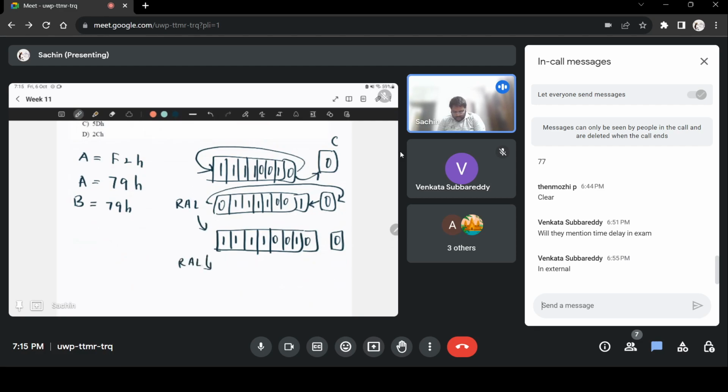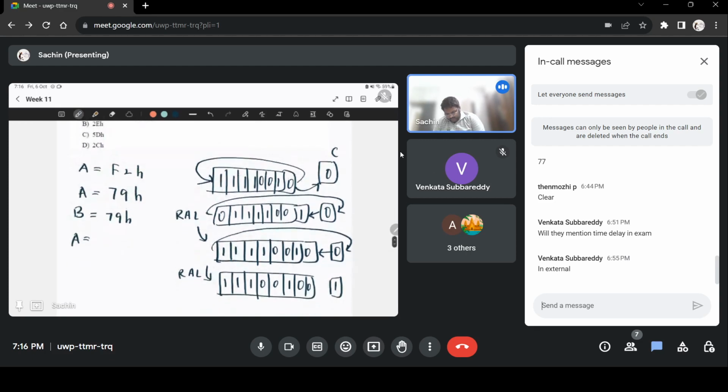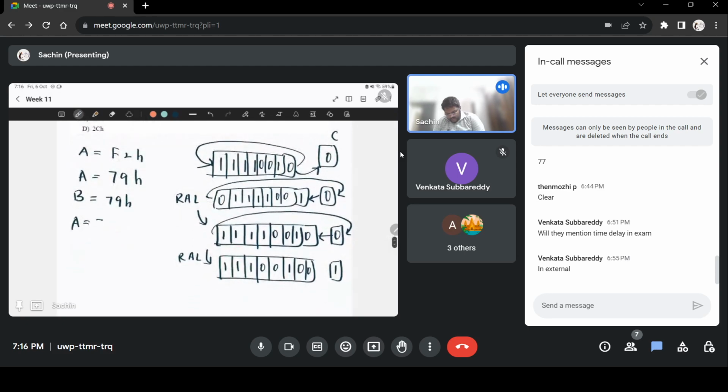Once more you do RAL. What will you get? You will get 1111 0100. Carry will be 1. So your accumulator has become, what is 1110? In hexadecimal it is E, and 0100 is 4. E4H.